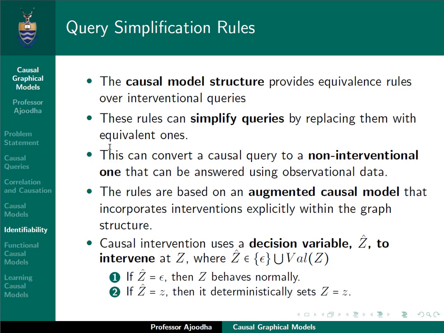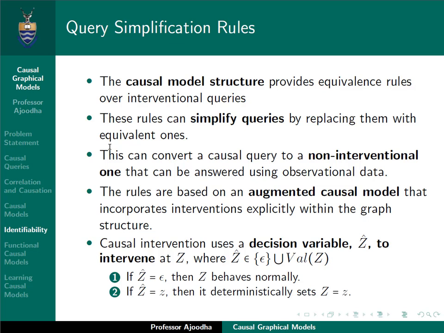And then you can simplify very complex causal queries into perhaps observational queries, probabilistic queries, and then answer them as we know how to answer them. Okay, great. So that's the big idea.